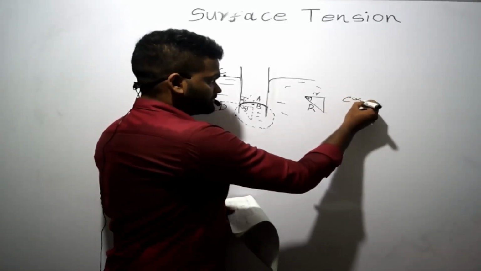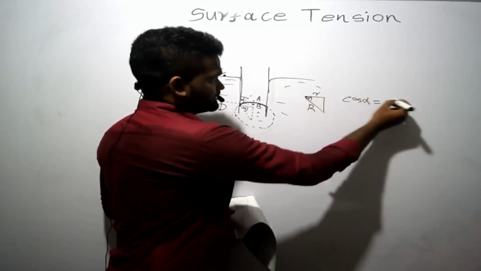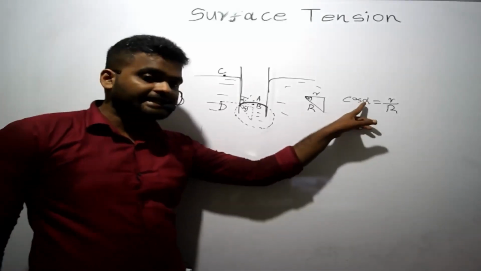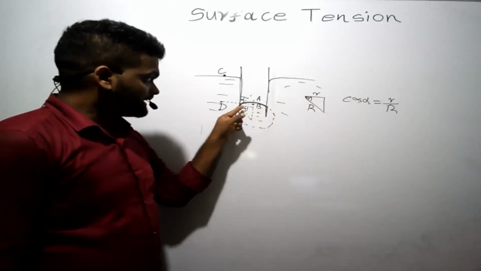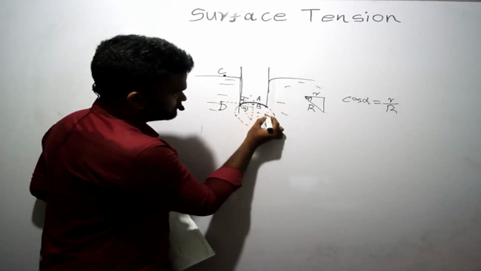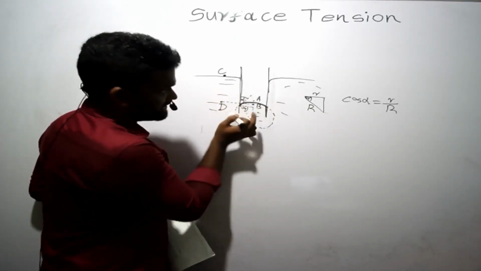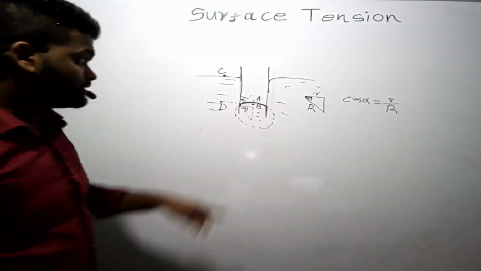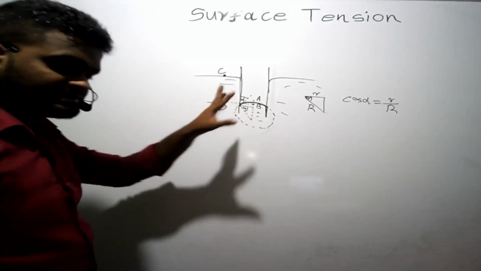Then similarly, cos alpha is equal to small r divided by capital R. This alpha is not the contact angle, right? Contact angle is this much. It is an obtuse angle, but I'm not going to use the contact angle here. It will be confusing, right? So I'll just use this as just an angle.